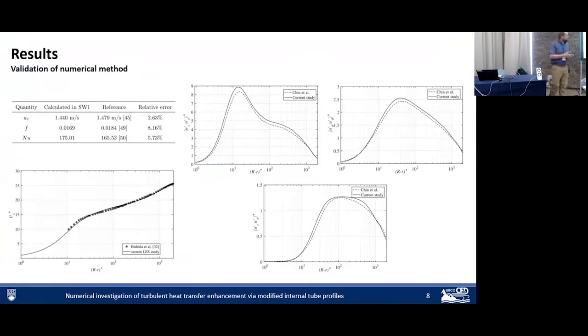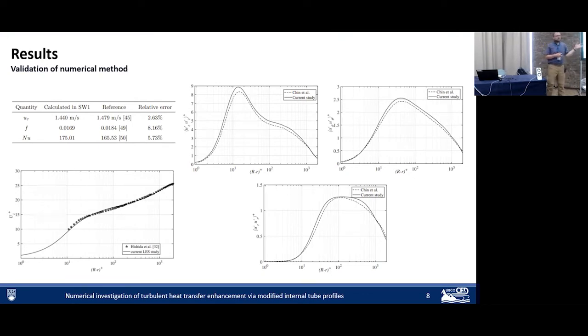To validate the approach, we did an isothermal simulation and compared it against DNS results from Chin et al., where we got a very good match to the mean velocity profile. So the lines are ours, the symbols are from Chin et al., as well as a reasonably good match of the Reynolds stresses. This is the axial stress, the azimuthal stress, and the radial stress.